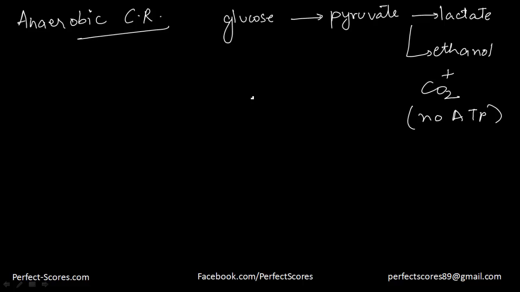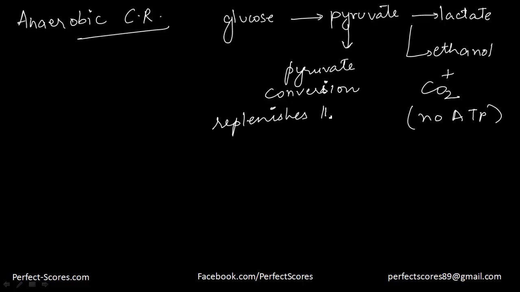Now to generate the small amounts of energy provided by glycolysis, the pyruvate must be converted into another substance before more of the glucose can be used. And this is because the pyruvate conversion replenishes the levels of the NADH that are needed for glycolysis to occur.